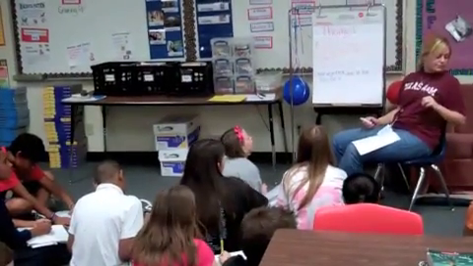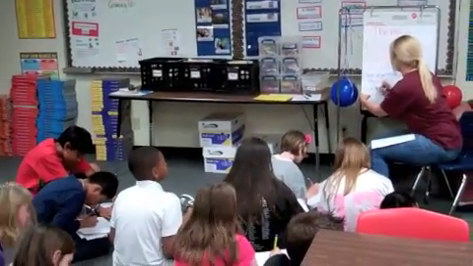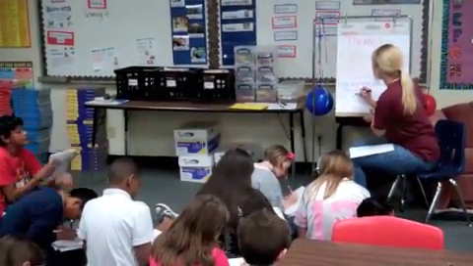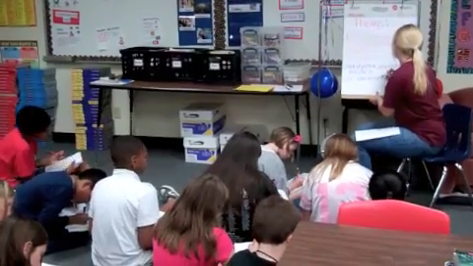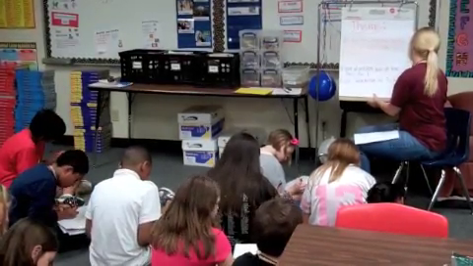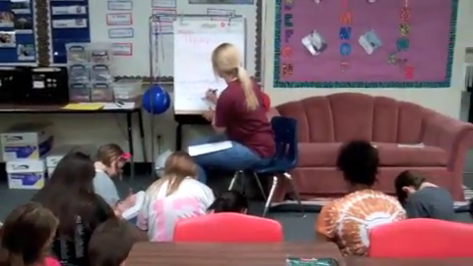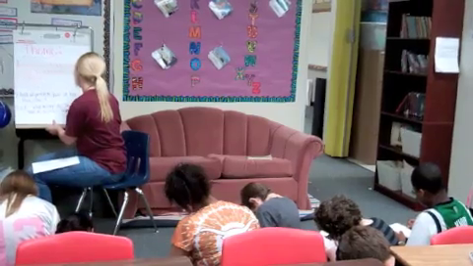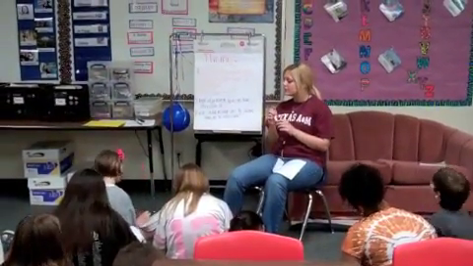And then the third step, the last step, is to ask yourself, what message does the author want me to understand? So take a second and write that. When you're done, pencils down.